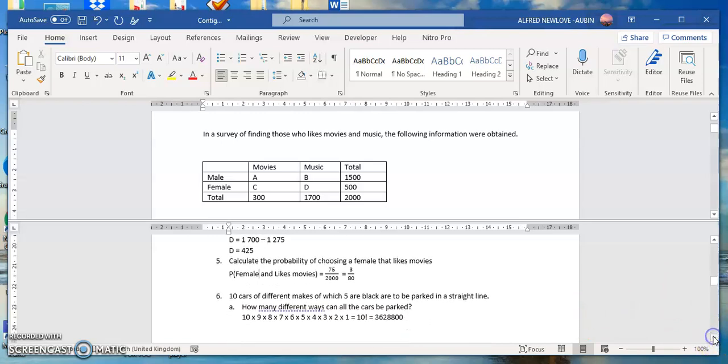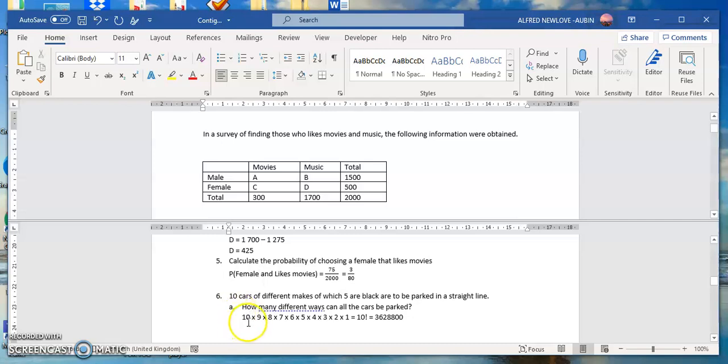Then the next question, this one is the counting principle. 10 cars of different makes, of which 5 are black, are to be parked in a straight line. How many different ways can all the cars be parked? Remember, you have 10 cars, so you have 10 spaces: 1, 2, 3, 4, 5, 6, 7, 8, 9, 10. For the first space, any of the cars can be parked there, and there are 10 cars.